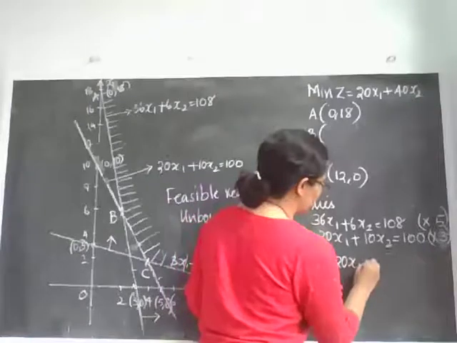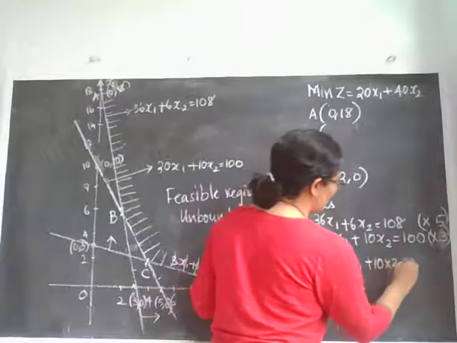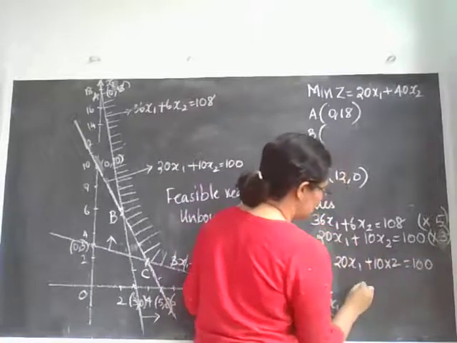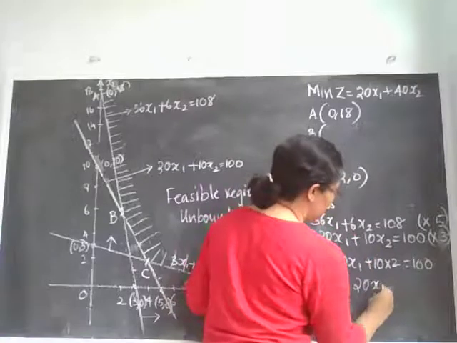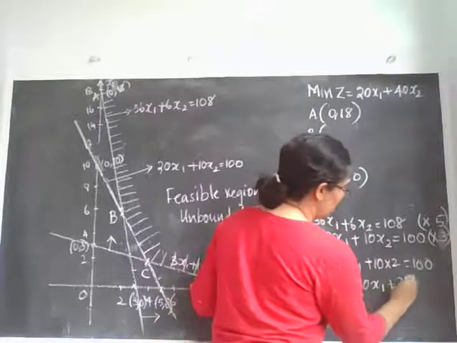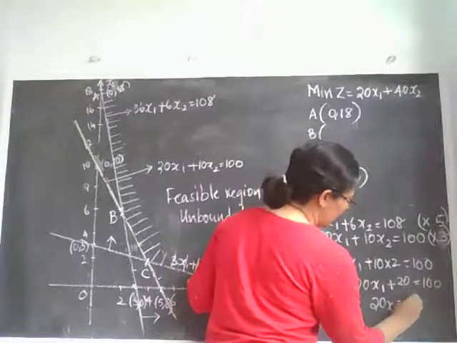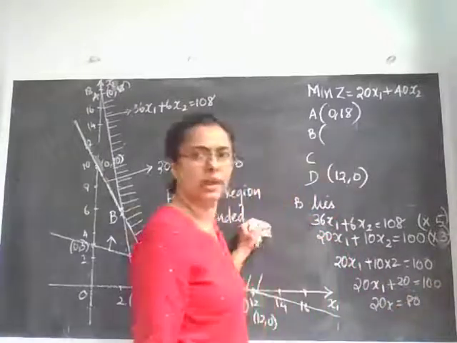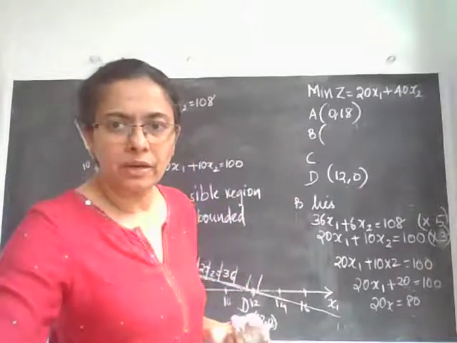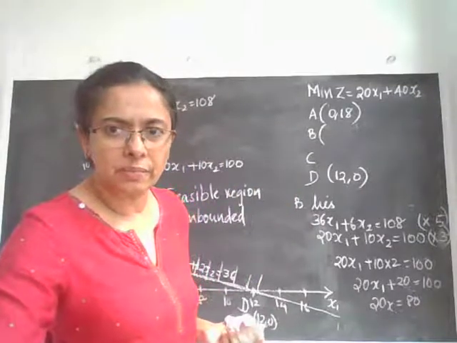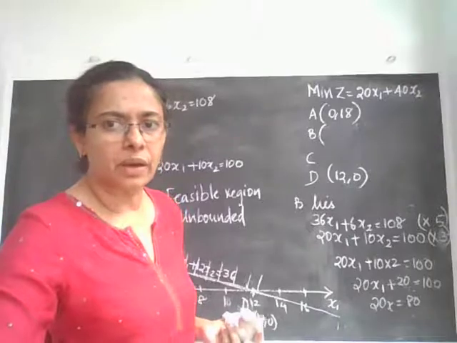Substituting, 20x1 plus 10 into 2 equal to 100. So this is 20x1 plus 20 equal to 100. So 20x1 equal to 80, 100 minus 20 equal to 80. Okay.